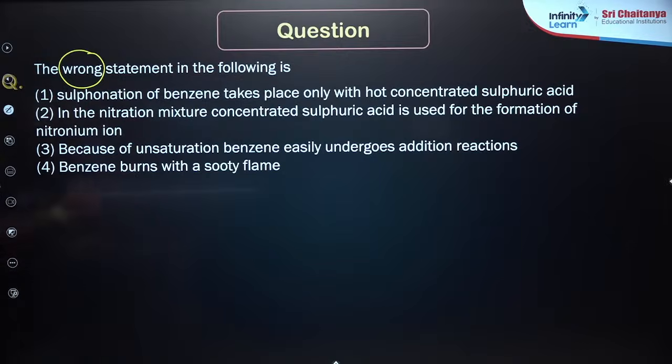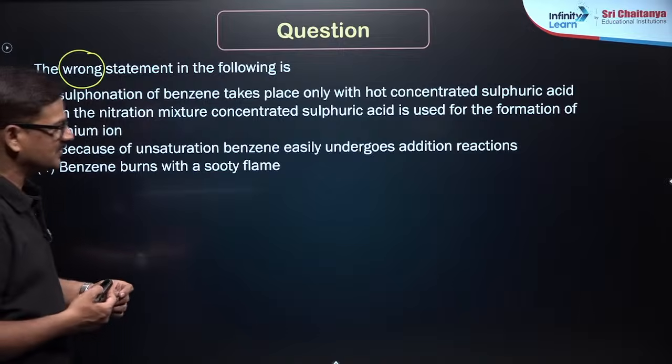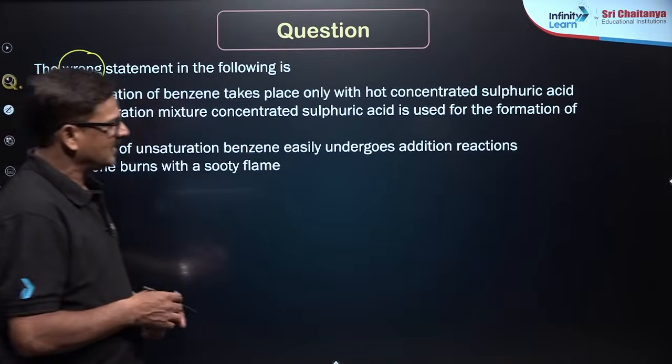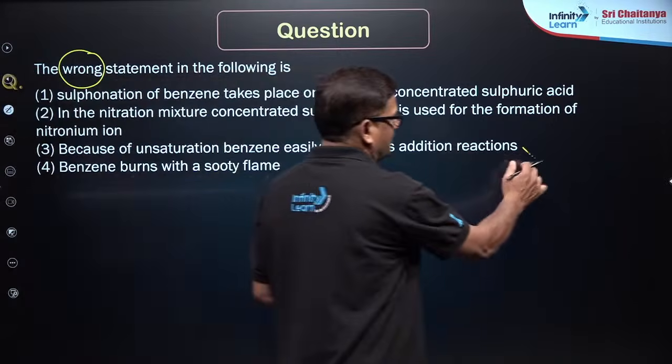In the nitration mixture, concentrated sulfuric acid is used for the formation of nitronium ion. Correct. Because of unsaturation, the benzene easily undergoes addition reaction. False.